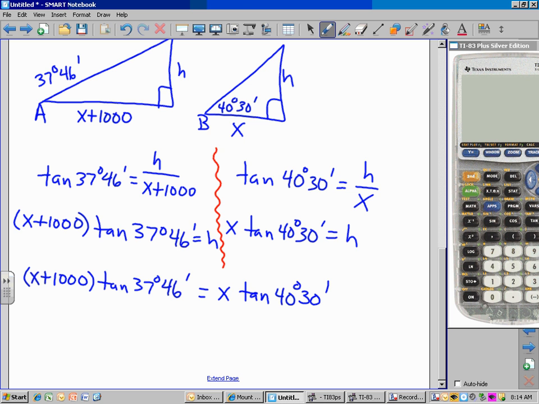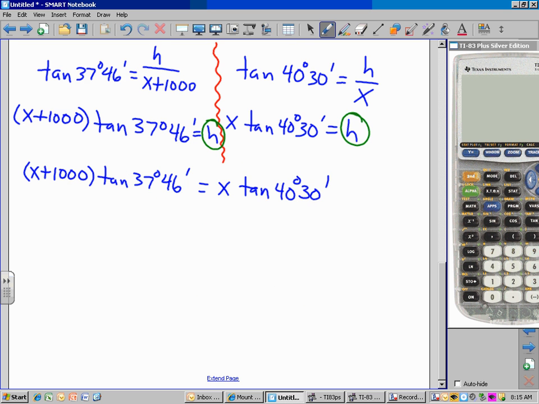They are both equal to h. So we can set them equal to each other. Yes? All right, we just got to solve for x now. Are we ready to move on? Are we still copying? I'll give you 30 seconds.